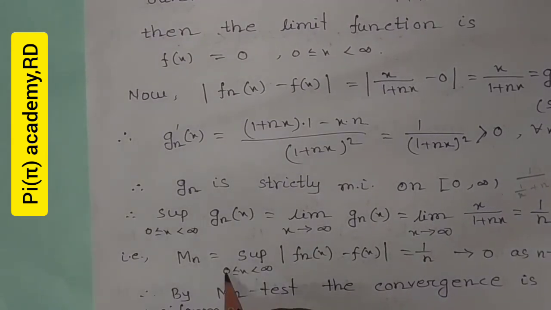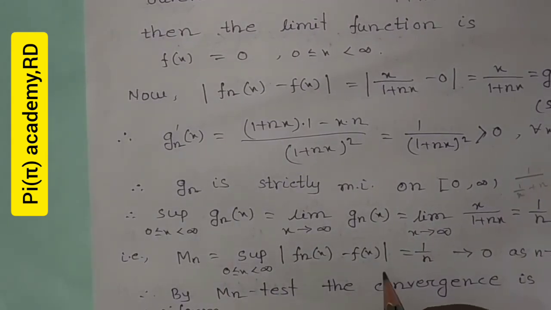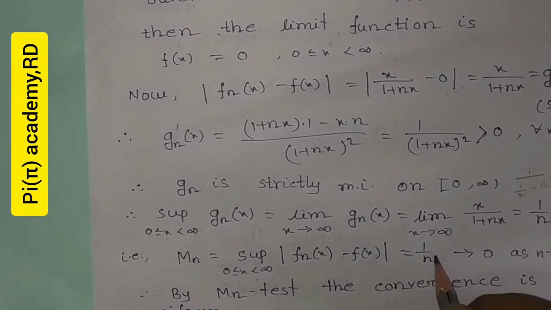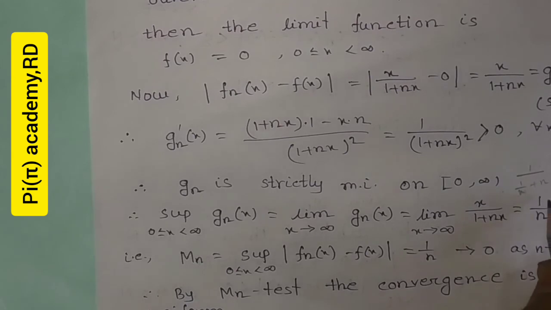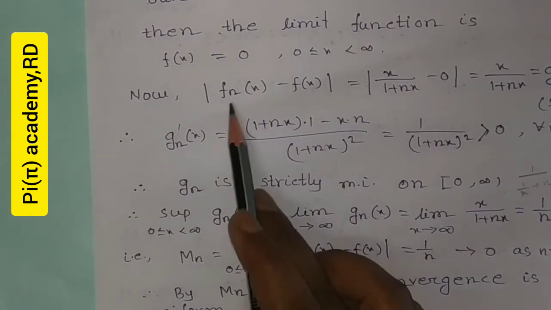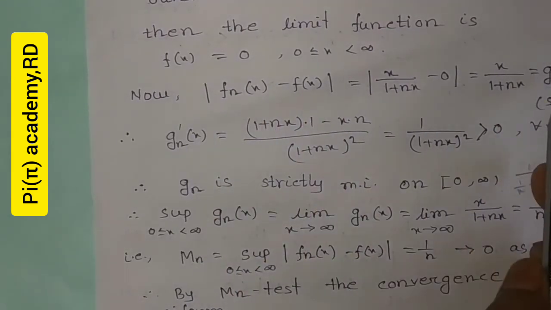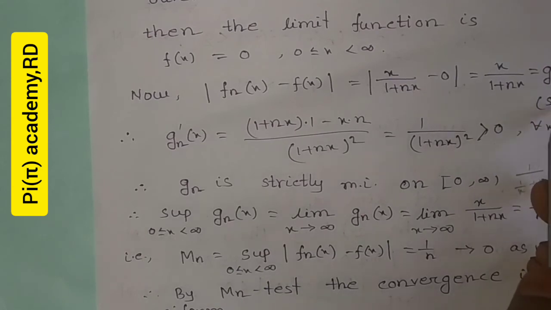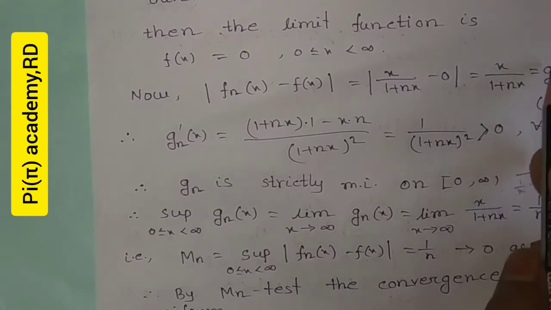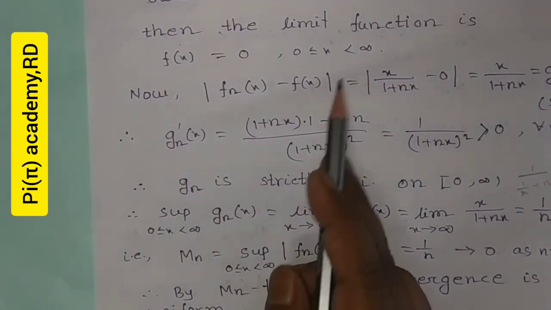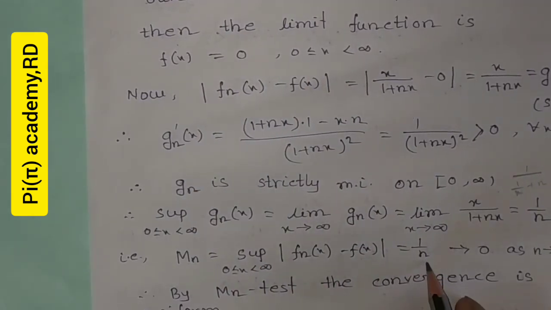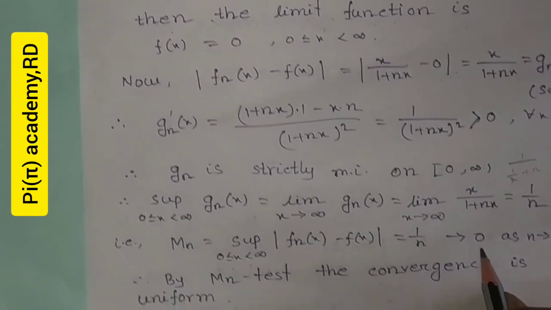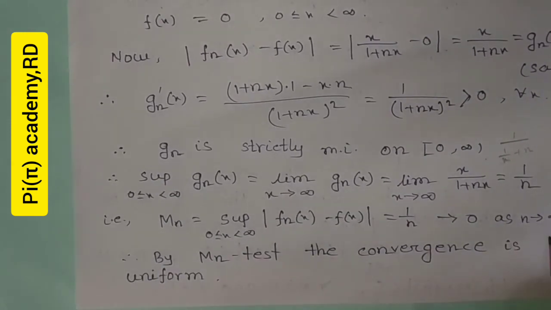Thus Mn equals the sup of mod fn(x) minus f(x), which is clearly 1 by n, and which tends to 0 as n tends to infinity.